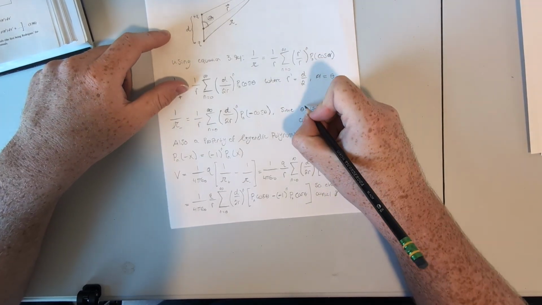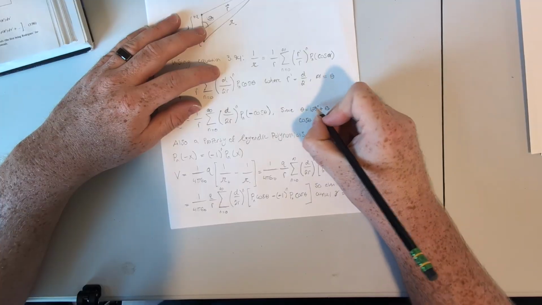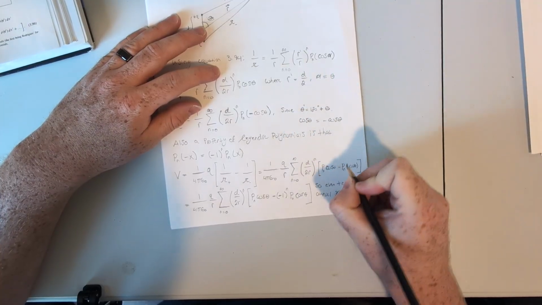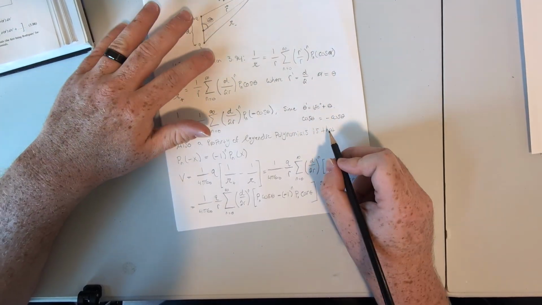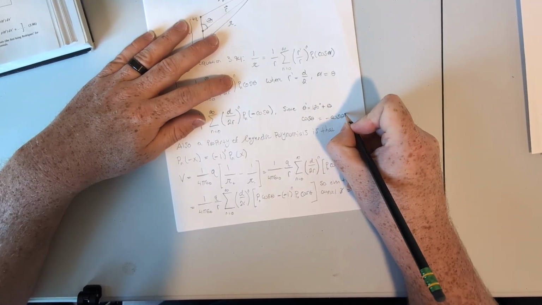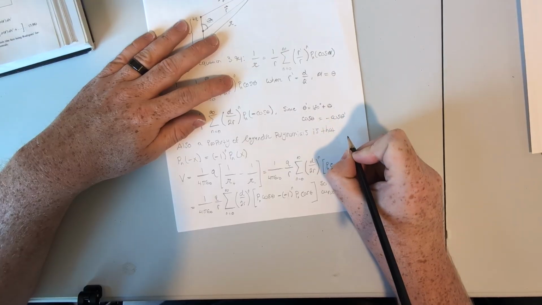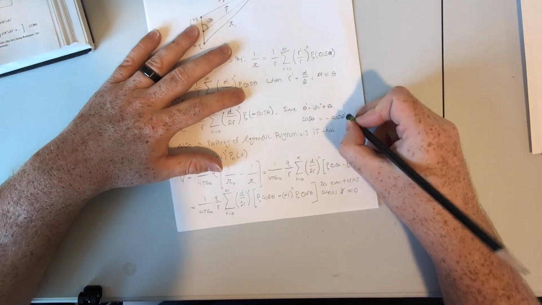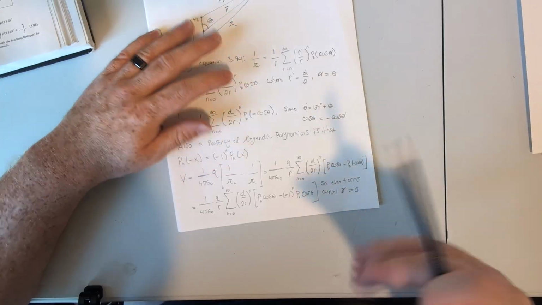I should have really used a different variable here, like theta prime, which is 180 degrees plus theta. And so then we can define that cosine of theta is equal to negative cosine of theta prime, or however you want to write this out.